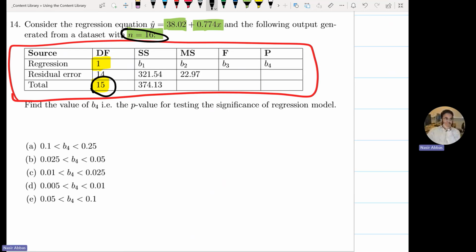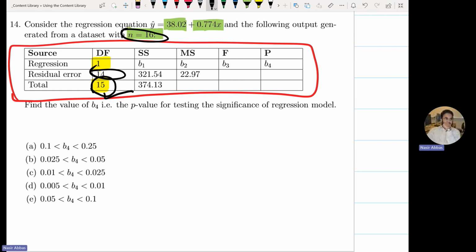A very common mistake: we give you this 15, we don't give you this 14, and when we ask you to find the degree of freedom for the error, you do 15 minus 2, N minus 2, and you give 13, which is wrong. This 15 is already N minus 1, so you don't have to subtract 2 more. One more subtraction will make it N minus 2.